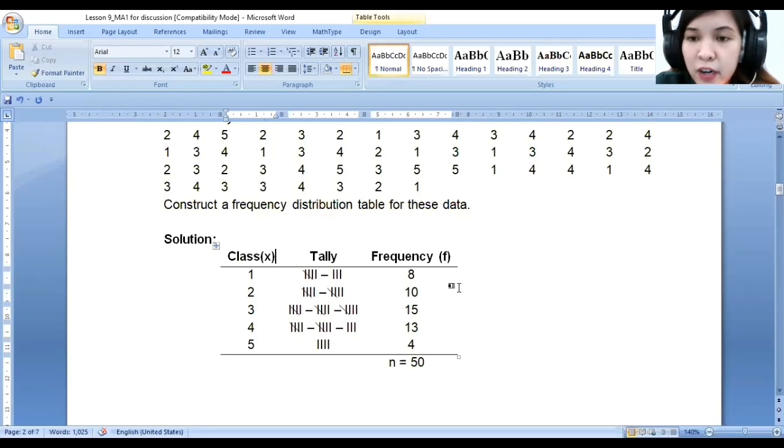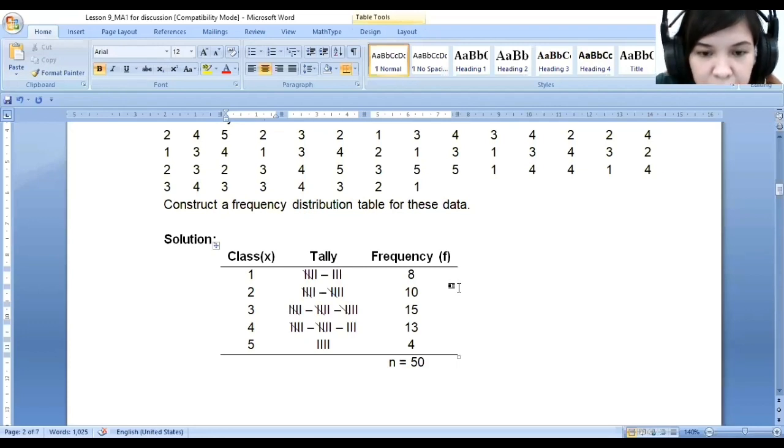So nakikita nyo. So how are you going to interpret this? So the results of the table revealed the number of classes that 50 students will enroll this semester. And based on the results, it shows that majority of our students preferred to enroll 3 classes with 15 respondents, followed by 4 classes for 13 respondents.